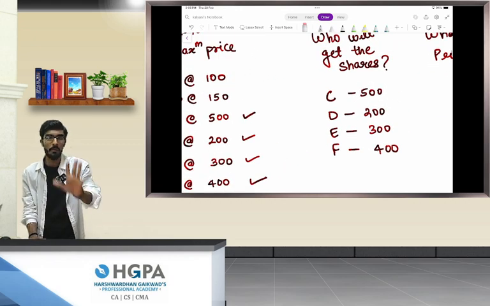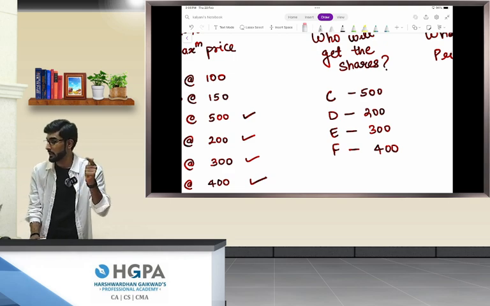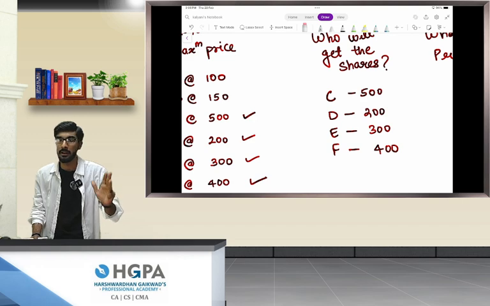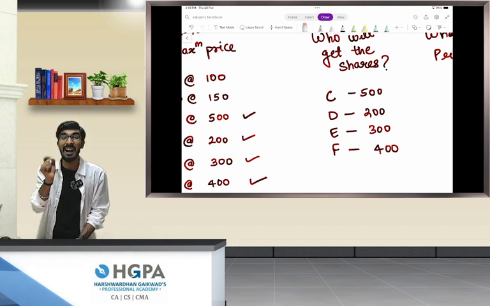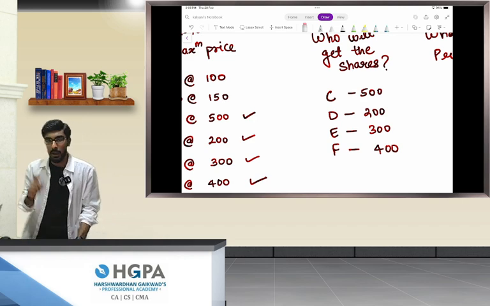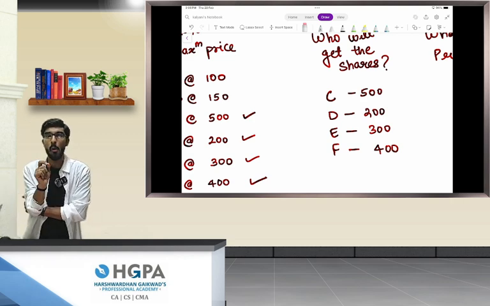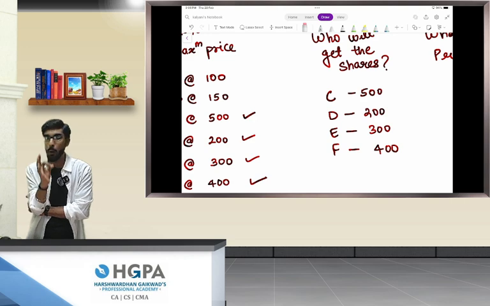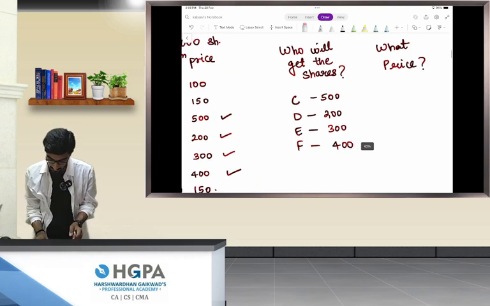Now, these people will get the shares. That is clear. C, D, E and F will get the shares because they have submitted the highest prices for the bids. Now, the important question is, how are we going to determine the price? Let's see.